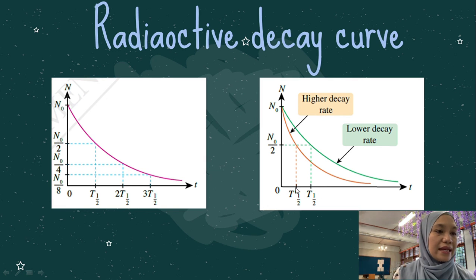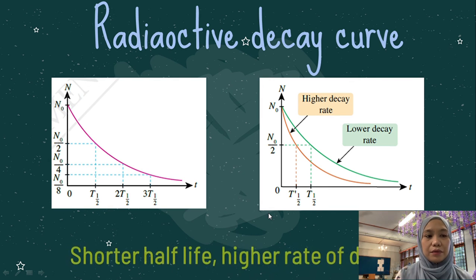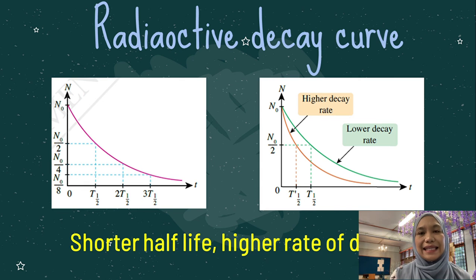When it has a shorter half-life, it has a higher decay rate. Compared with the green nuclei, which has a longer half-life, it has a lower decay rate. So that is the relationship between half-life and the rate of decay. That's all for now. Okay, we continue to the next lesson.